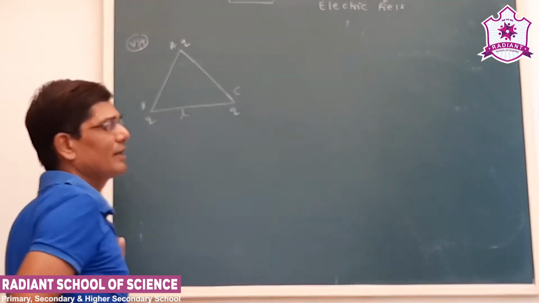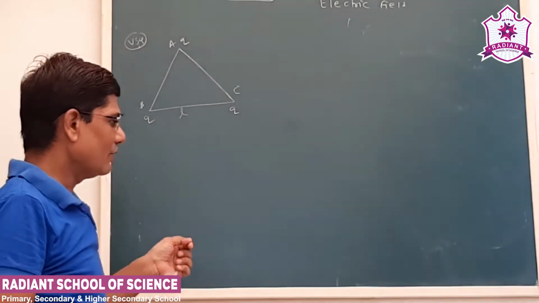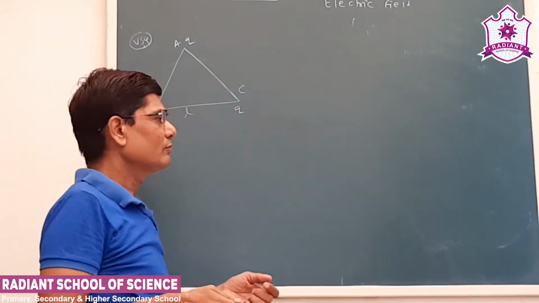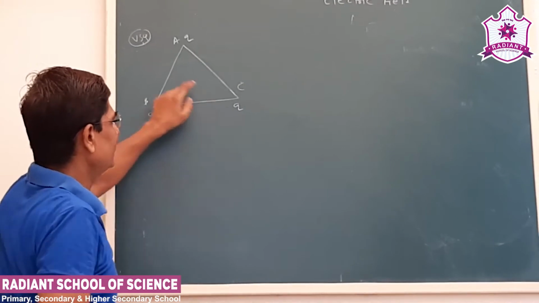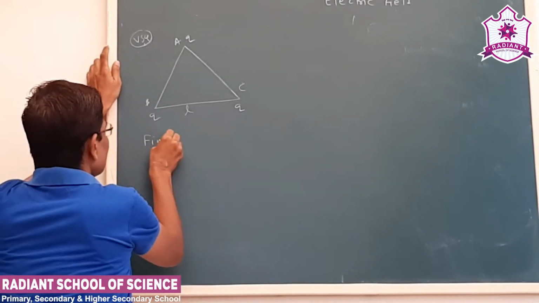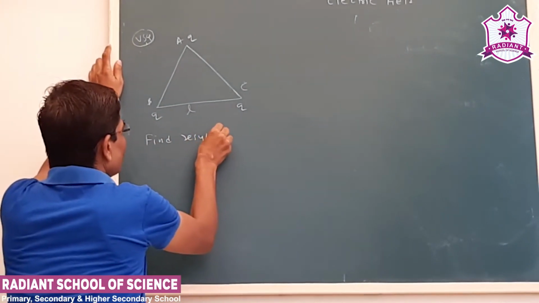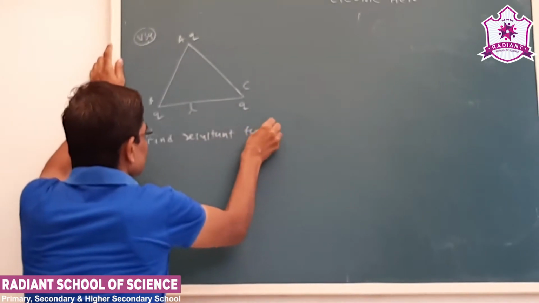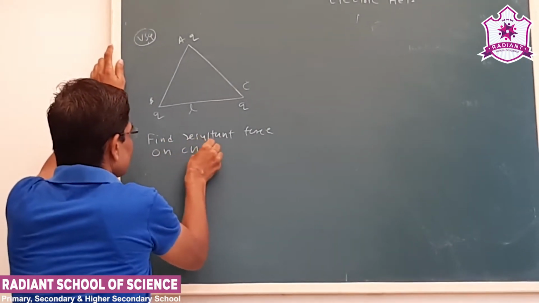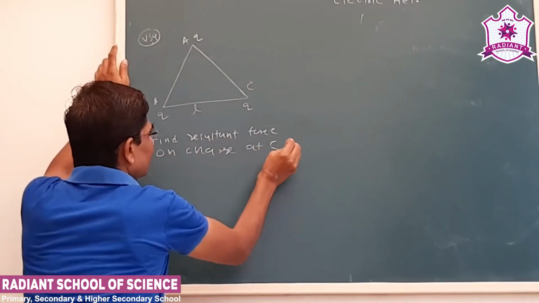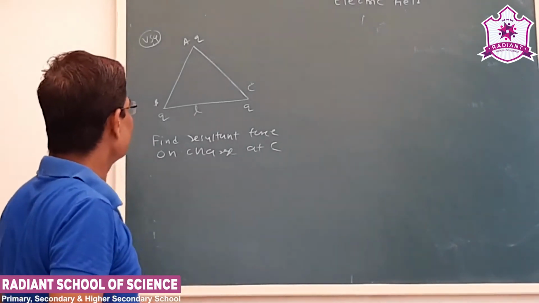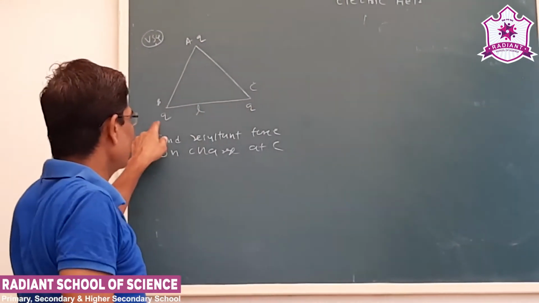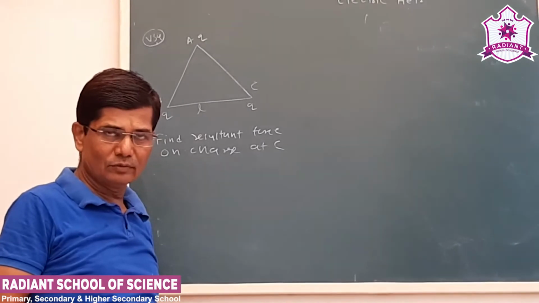The length of the side is L. Now, we have to find the resultant force on the charge at C.